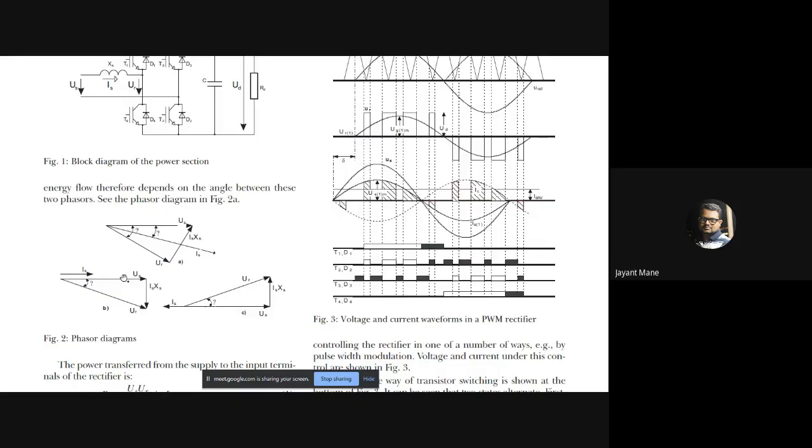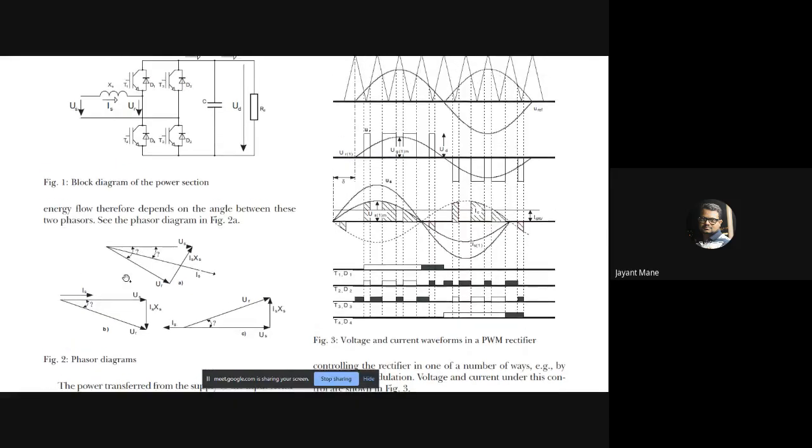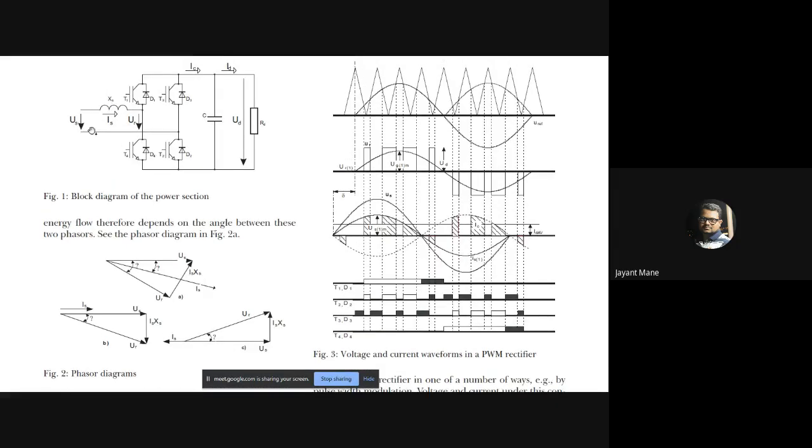So if they are in phase, what is the meaning? If input voltage and input current are in phase, it means this whole circuit connected at the supply points is acting like a pure resistor, because this whole circuit is drawing current which is sinusoidal as well as in phase with the supply voltage.